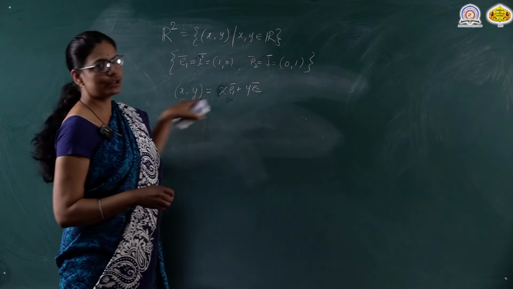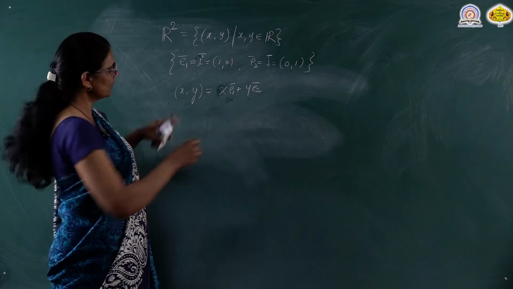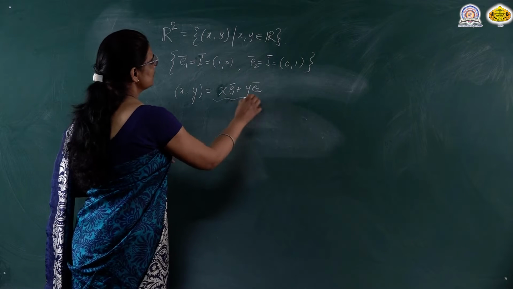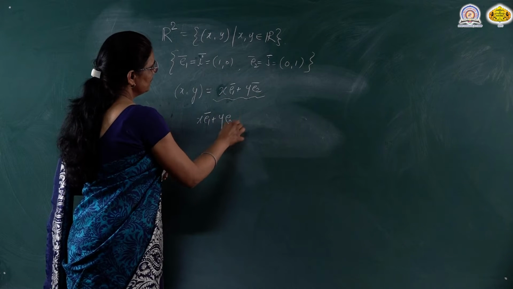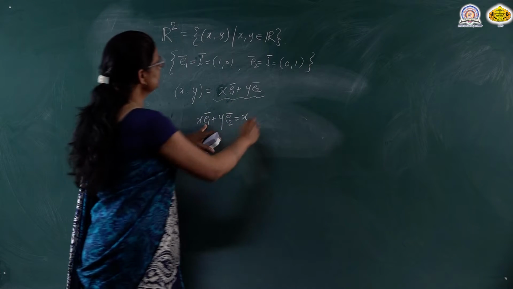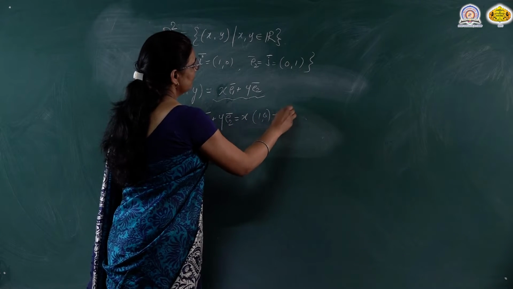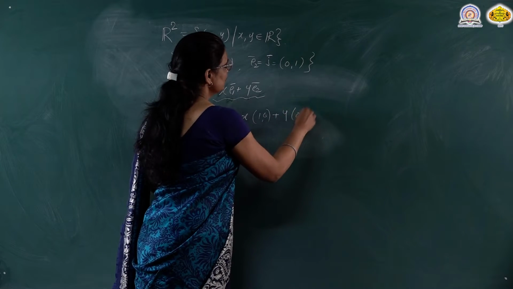We can easily check whether this linear combination equals xy. For that we consider x into E1 bar plus y into E2 bar, which equals x times 1, 0 plus y times 0, 1.